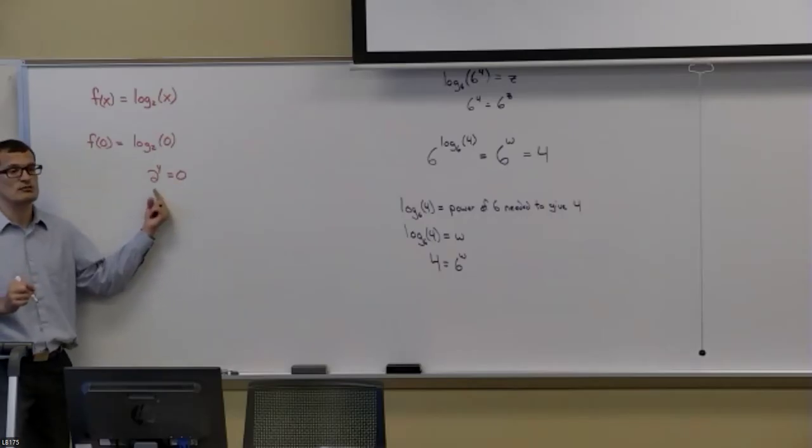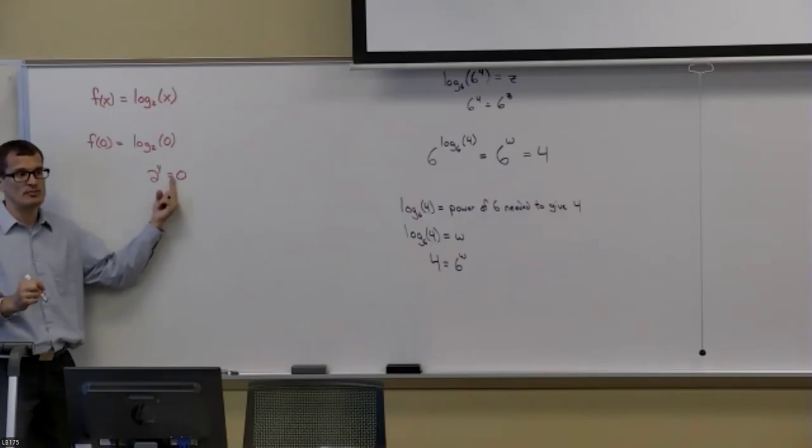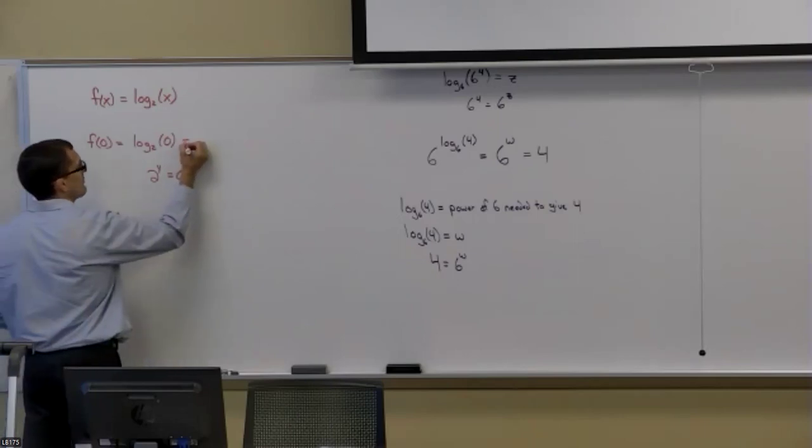And you'd say, well, there's no chance that you raise 2 to a power and get a 0, right? There's nothing that would give you 0. So this does not exist.